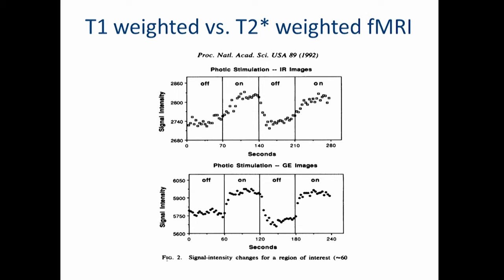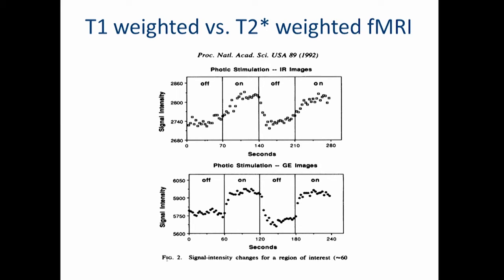Now, in the PNAS paper, there are two time courses. The top one is arterial spin labeling, or the T1-weighted perfusion method. The bottom is gradient echo, which is a deoxyhemoglobin sensitive method. How can you tell which one is which? Actually, pretty easy. The bottom one, the deoxyhemoglobin effect, has a post-undershoot after you turn off the light.